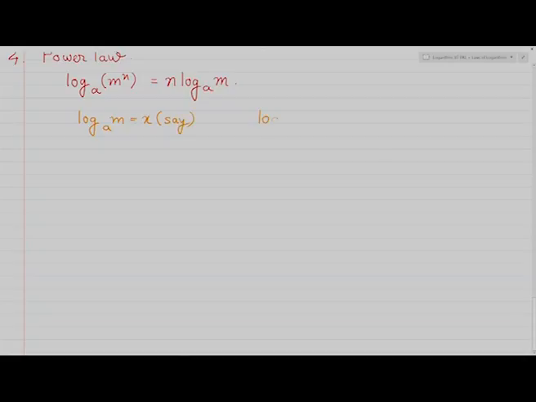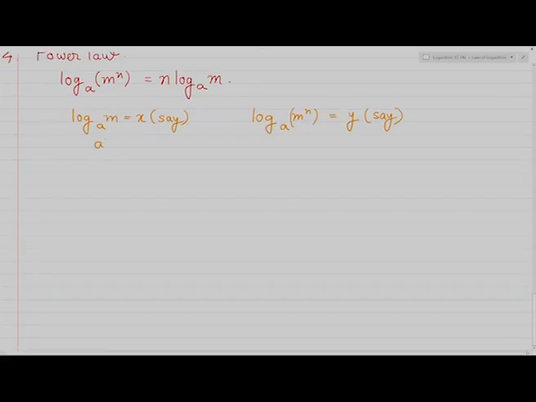Similarly, here I have m raised to n, so log of m raised to n to base a is equal to, say, y. If I say this, then using the 7 rule, I know a raised to x is equal to m, and a raised to y is equal to m raised to n.